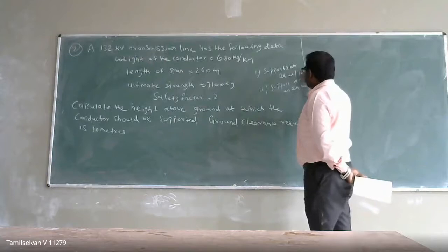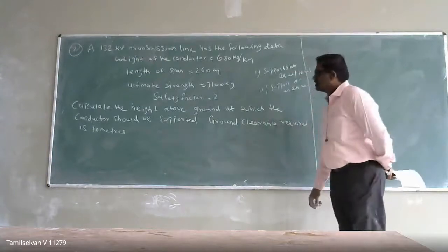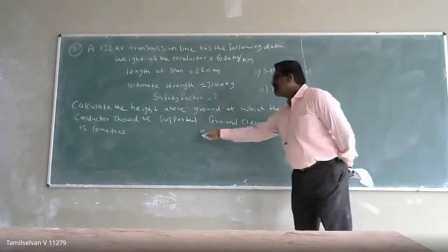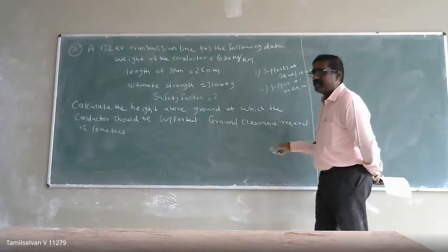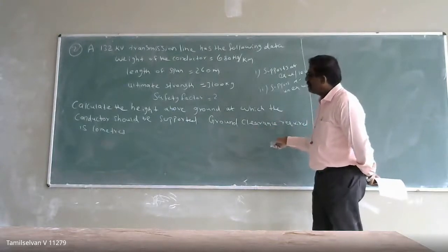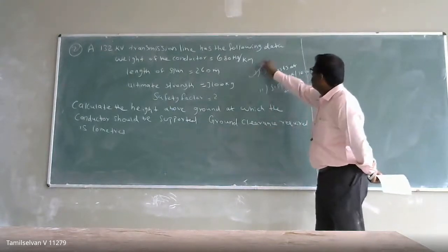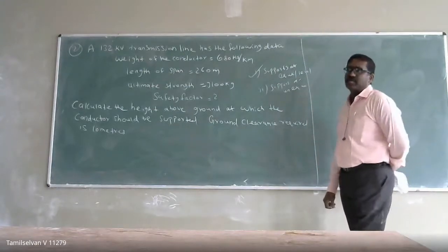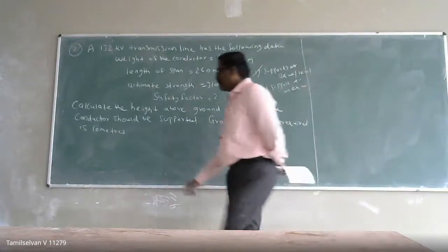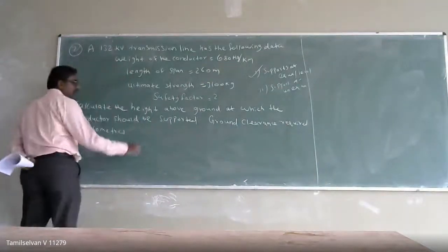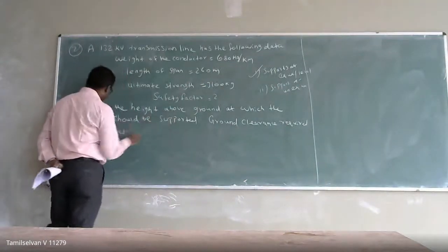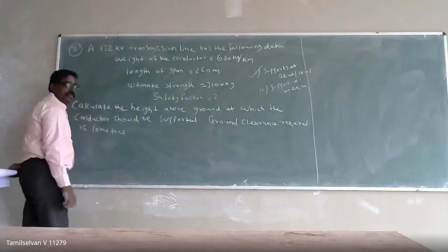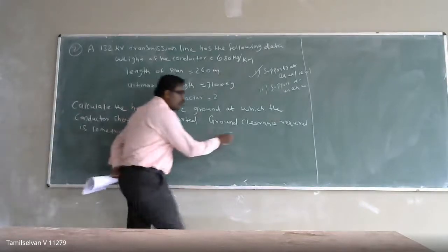Since it is not mentioned where the poles are fixed, we can take this under supports at equal levels. We have to find the height above the ground at which the conductor should be supported, and they have given the ground clearance.